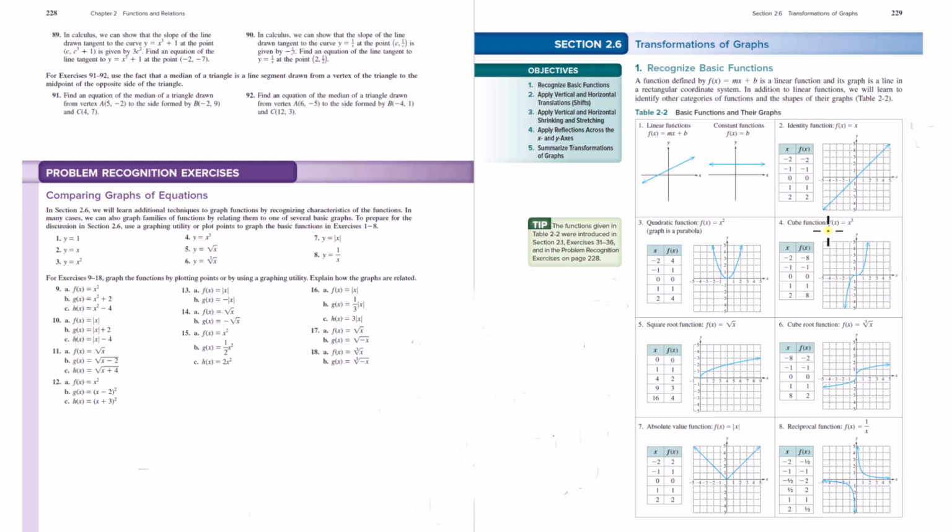Okay, so as we go through this section and look at all the different transformations, to give examples, I'm going to use parent terms. So we're just going to transform a graph like f of x is equal to x, or f of x is equal to x squared, or x cubed, square root of x, just a parent term. But then I'm also going to do some examples with a more complex function or relation that is some combination of parent terms.